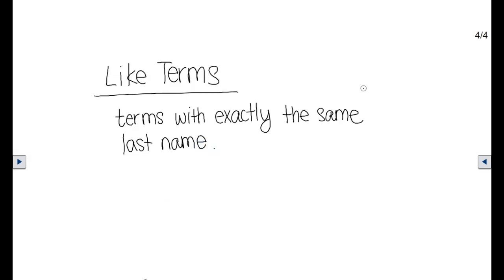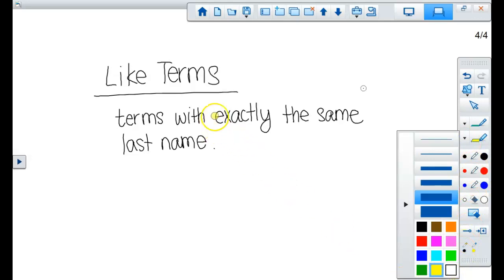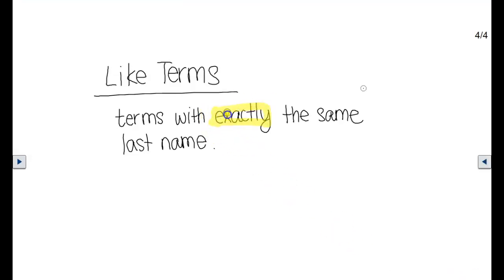Like terms are the terms in a problem that have exactly the same last name. Now this word right here is really important. Exactly. That means they have to be identical. There can't be any differences in them at all. So terms with exactly the same last name.